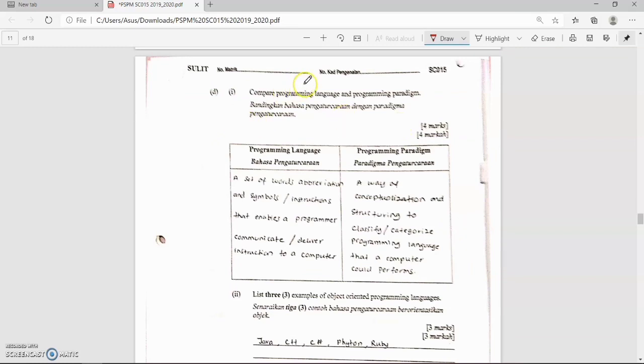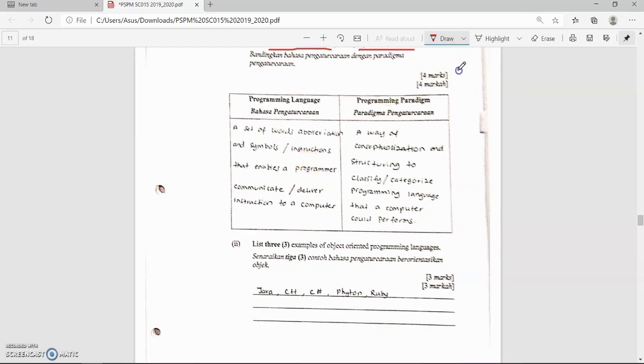D. Compare programming language and programming paradigm. So this one, we have to compare what is programming language and programming paradigm. If you see, 4 marks.